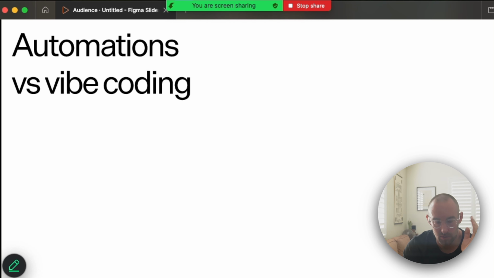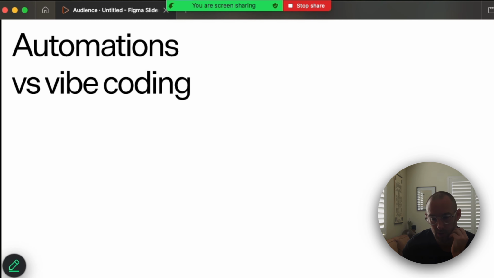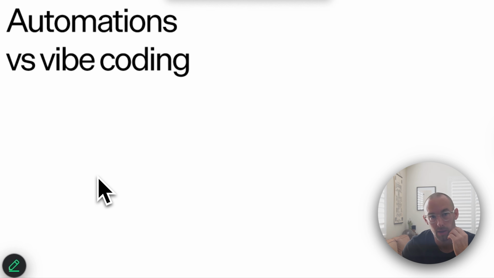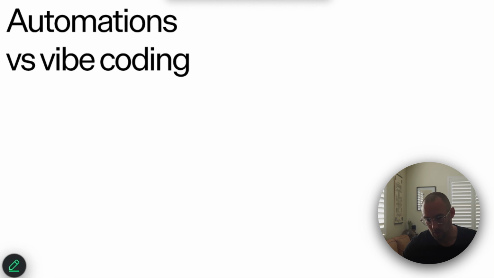So automations versus vibe coding. You just mentioned OpenClaw. So OpenClaw falls very much into this automation category. And there are some other tools that exist today, like for example, Claude's Cowork, which allows you to automate essentially workflows that you do repeatedly.